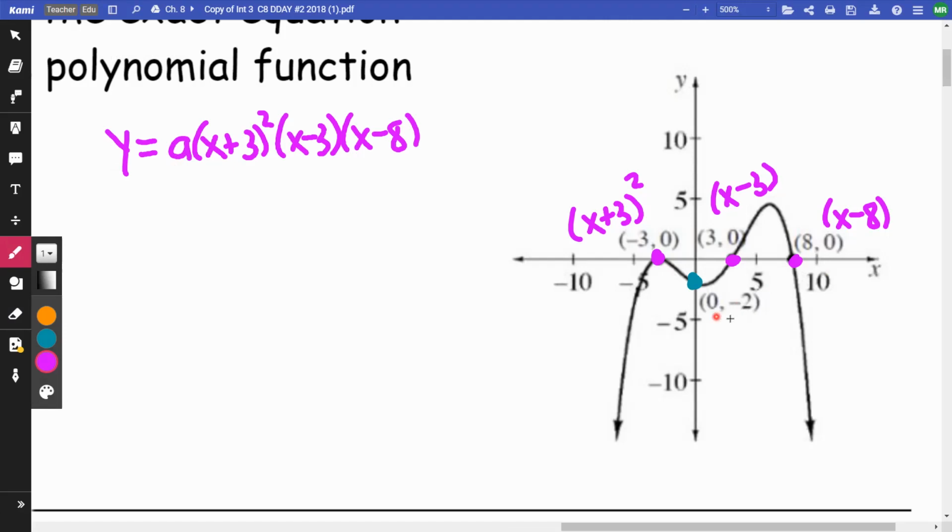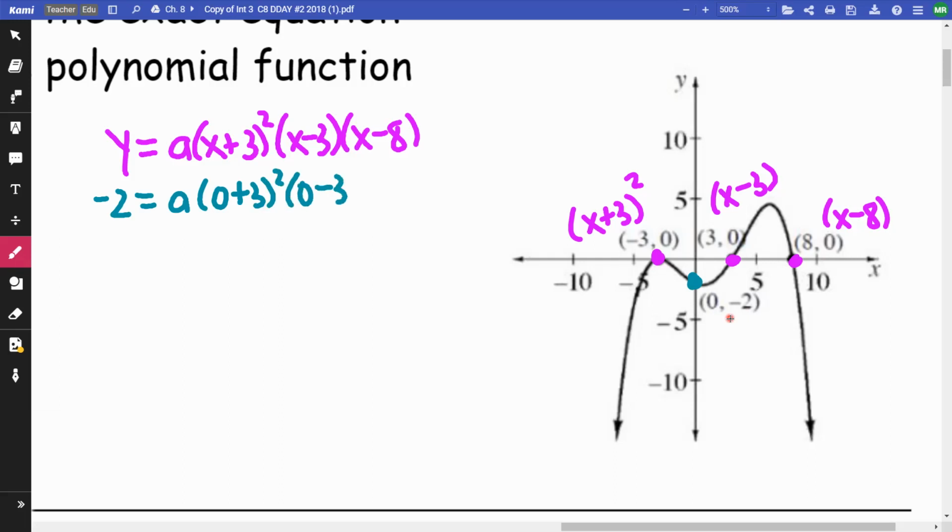So I'm going to put in 0, -2. That's the point that they gave us. So I'm putting -2 in for my y and 0 for my x. And then we're going to work this out. And I get -2 is equal to a times 9 times -3 times -8.